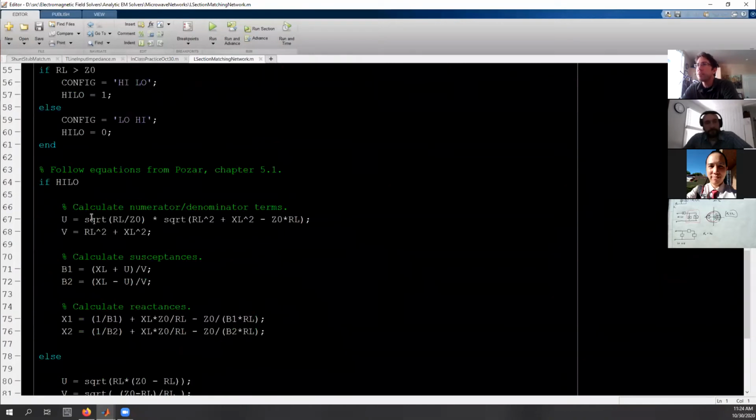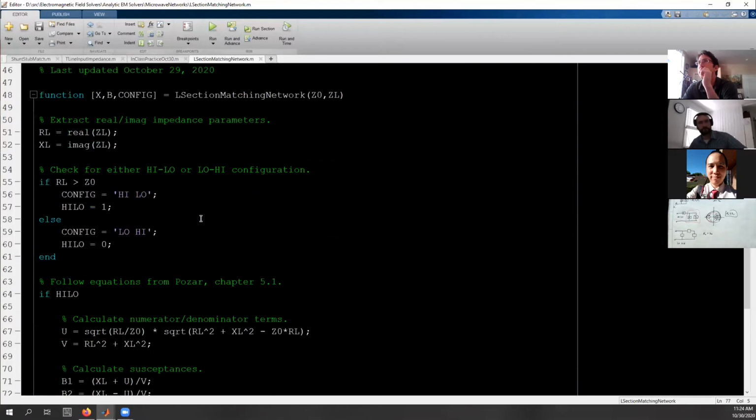And you notice all I did was plug in the equations from Pozar on page 230. I have mixed feelings because part of your understanding is, can you write a function that implements this yourself? Because the idea is I want to give you a characteristic impedance and a load, then you have to return the reactances and the conductances that will give me the match.